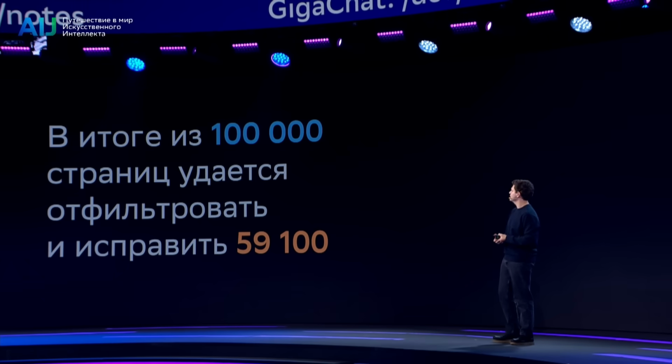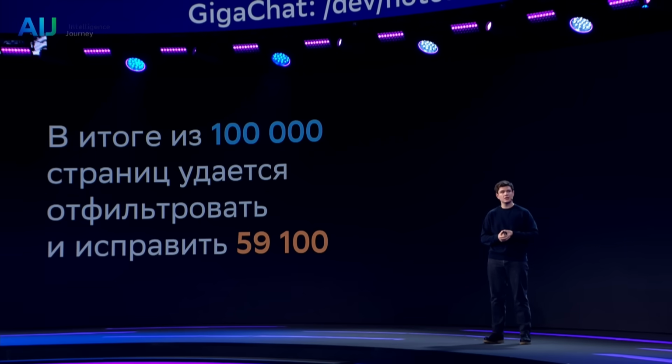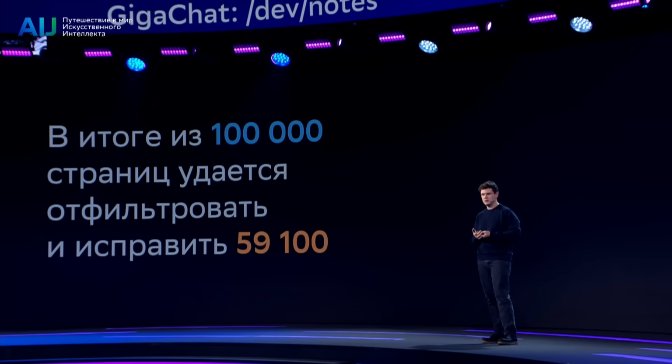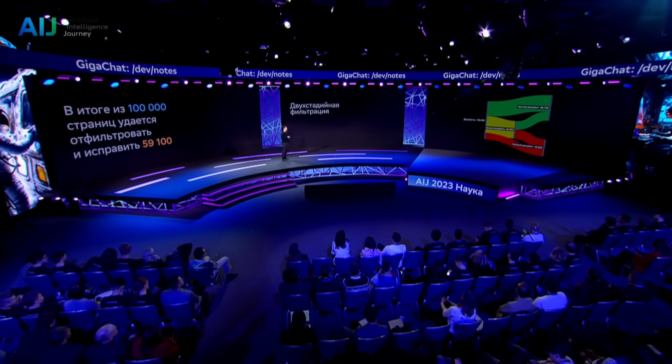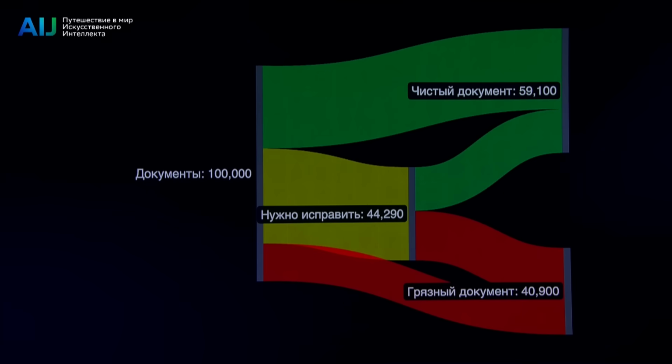What we ended up with was, out of the billions and trillions of pages, let's take the nice number of 100,000. We managed to clean 59,000 of them. On the slide, you can see how we did that and the loss ratio at each stage of the pipeline.